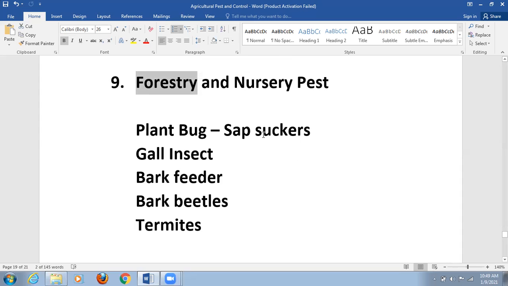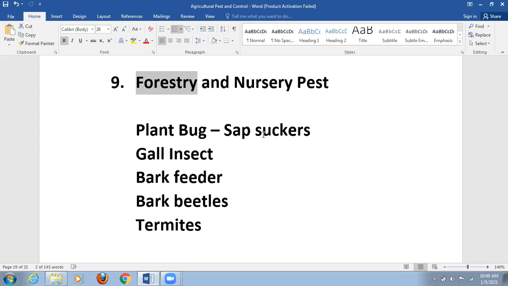So these particular pests act as a stem borer. They enter into the stem or into the shoot of the plant, and they cause tunneling inside. Tunneling means they make a small hole inside the stem.